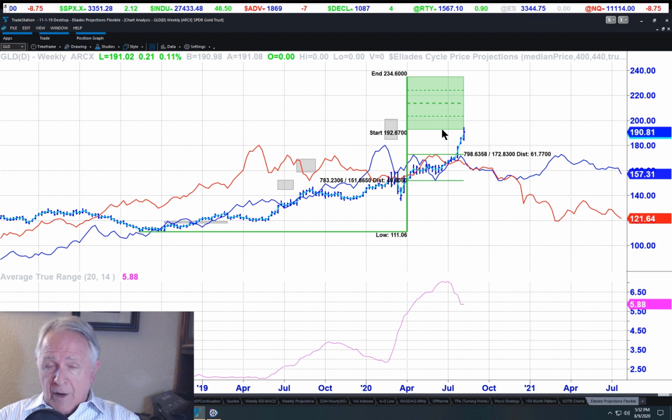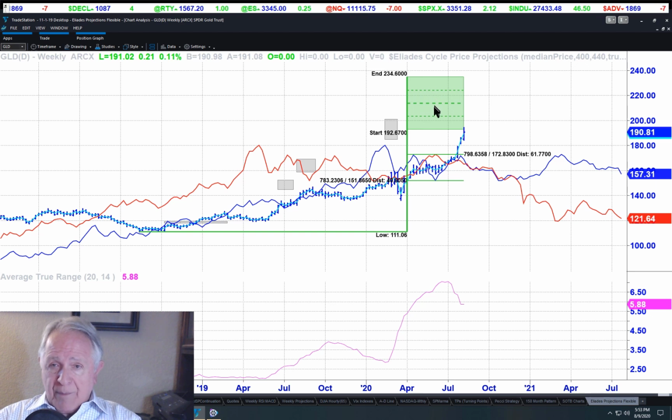Another thing to point out, remember when we do weekly projections, we generally use plus or minus 10%. Although we have dual offsets here, we're using 400 to 440. So we don't really need the plus or minus 10%, but you can see them within this projection window. This is the midpoint of the projection.